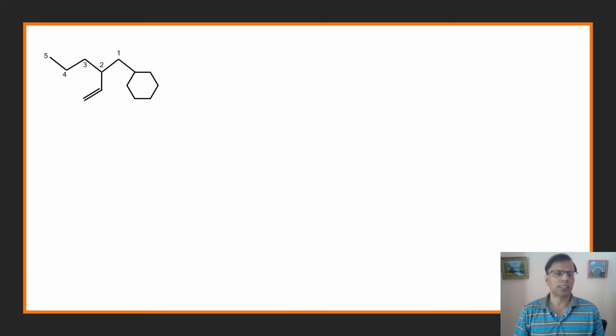So let's look at some examples. In this one, you have the double bond right there in the molecule. This is considered to be the parent, and this entire part is considered to be the substituent. On the pentyl side chain, we have the ethenyl group on carbon atom 2.